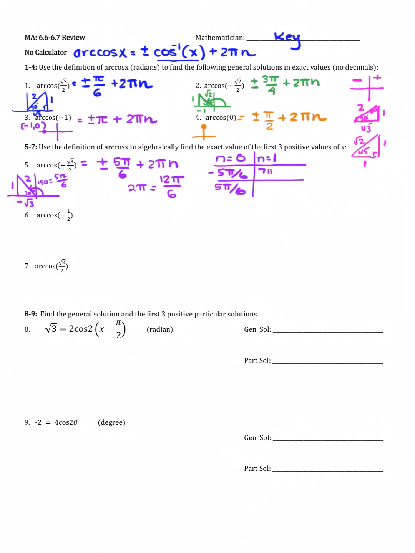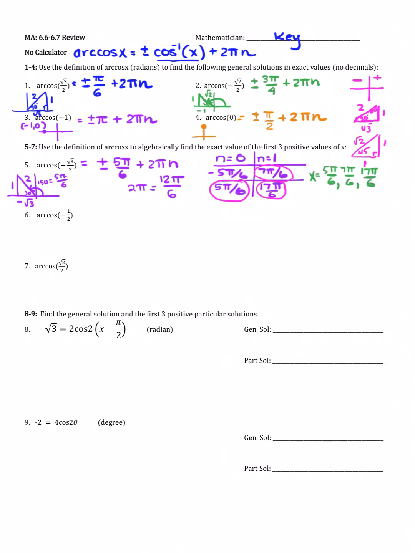So this becomes 7 pi over 6, and 12 plus 5 is 17 pi over 6. So my first 3 positive are these 3. So we would write it out as x equals 5 pi over 6, 7 pi over 6, and 17 pi over 6.